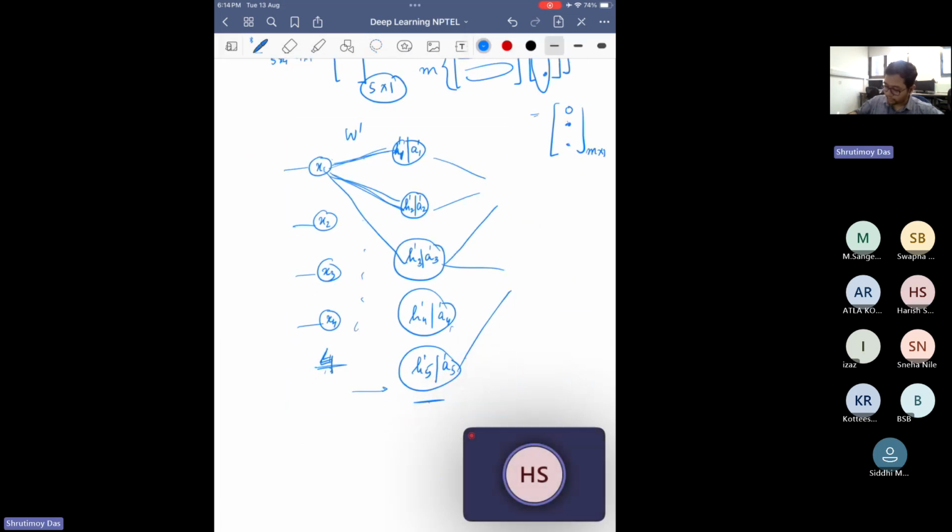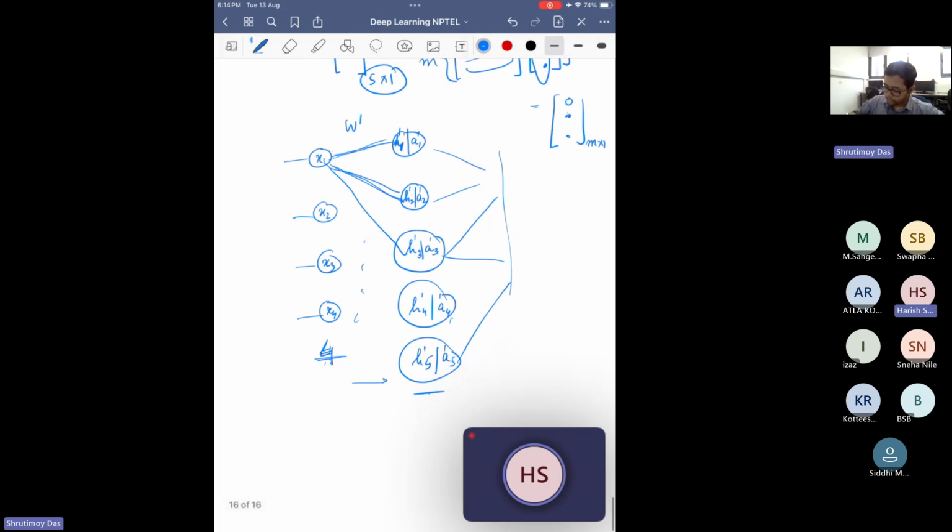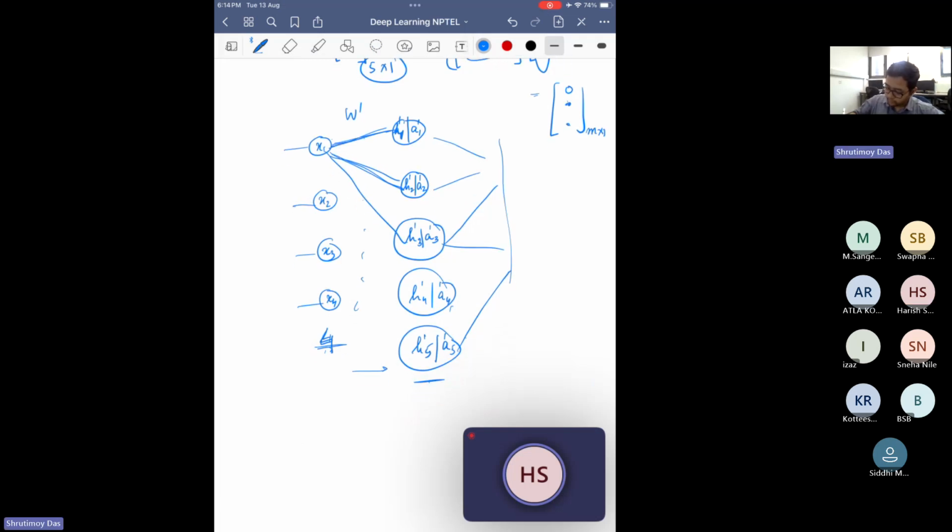And now let us forget about all this. So this is 1 with 1. I will say this is W11, W12, W13. This is W14, and this is W15. Similarly, this is W21, W22, and so on.